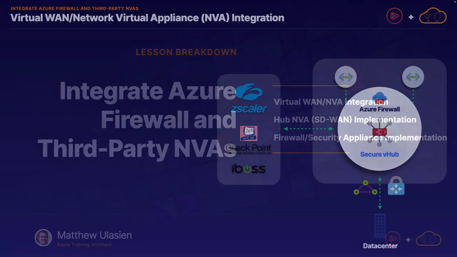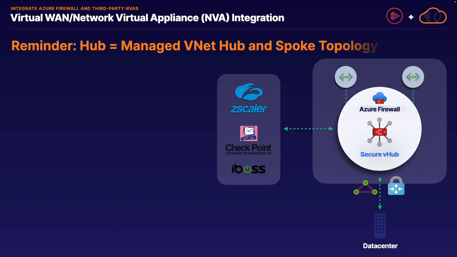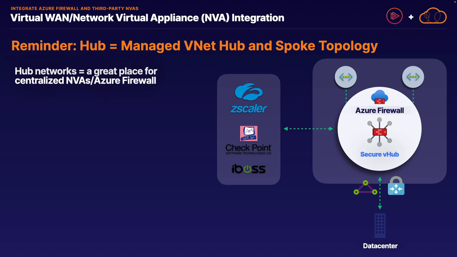So jumping on into it, as a quick reminder, we've previously learned that a virtual hub within Azure Virtual WAN is simply a managed network that acts as a hub for a typical hub-and-spoke topology. Going back earlier in this course, we learned that hub networks using hub-and-spoke topology are a really great place to create a centralized network virtual appliance or Azure Firewall appliance because it acts as the center point that all your other spoke traffic goes through.